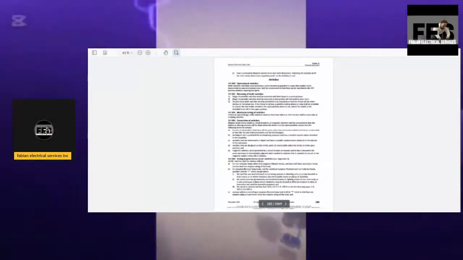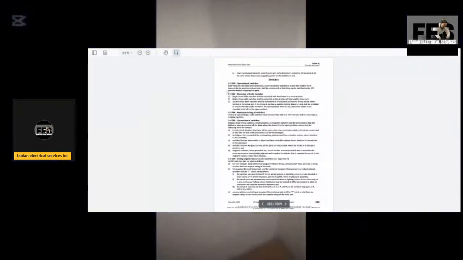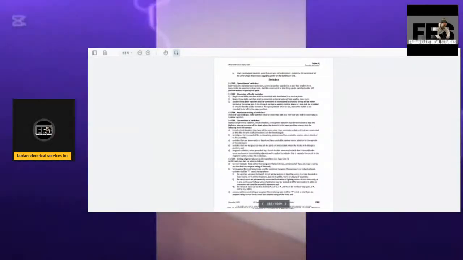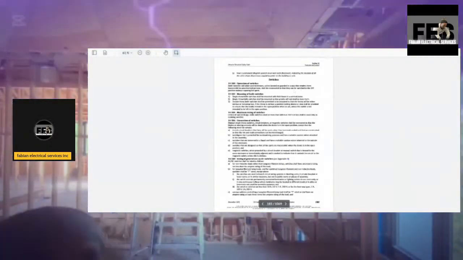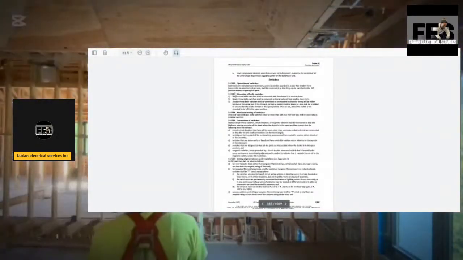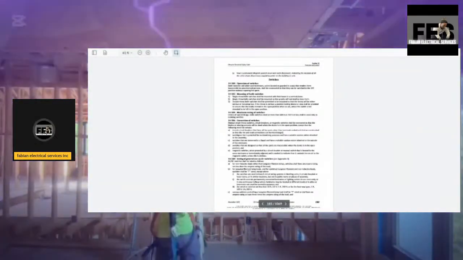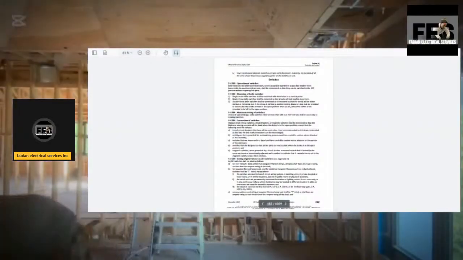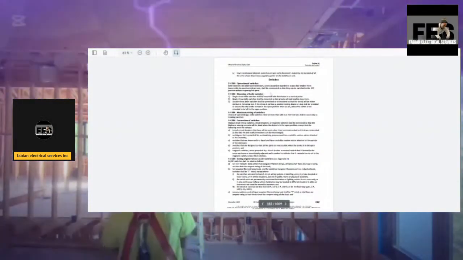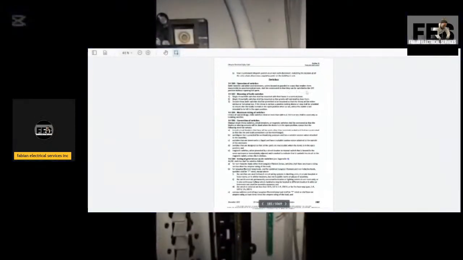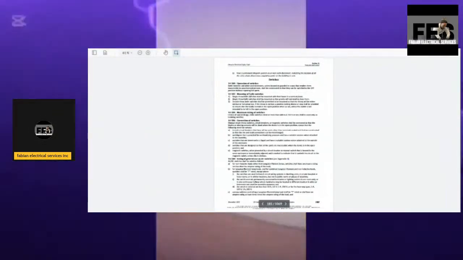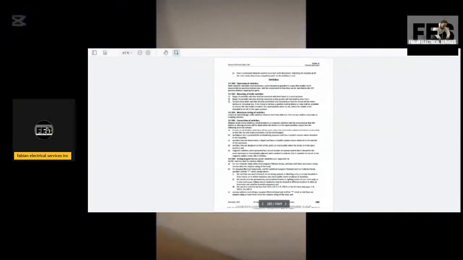So I'm going to read this first. It says knife switches and other control devices, unless located or guarded in a way that renders them inaccessible to unauthorized persons, shall be constructed so that they can be switched to the off position without exposing live parts.